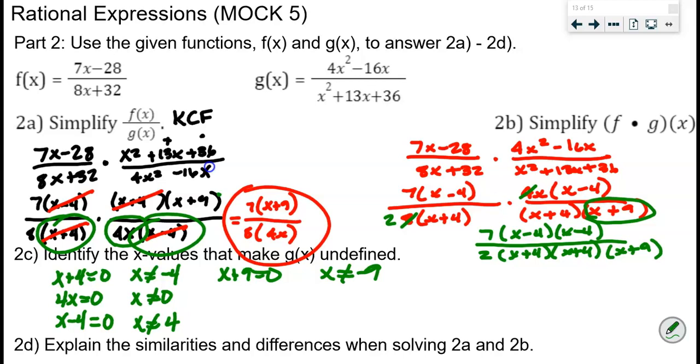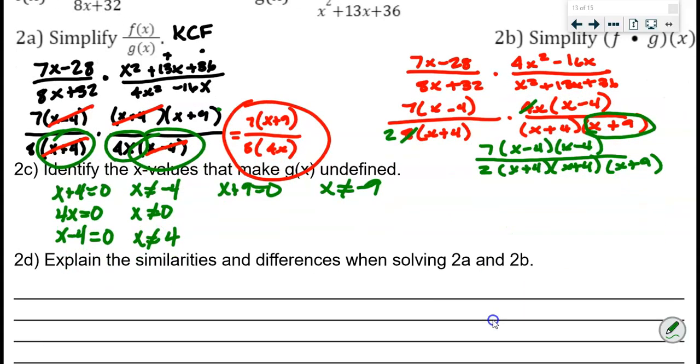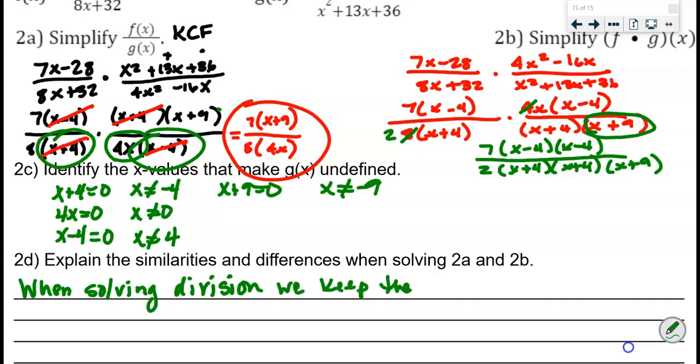So the last one says explain the similarity or difference between solving A and B. So I would say when solving division, we keep the first term, change the sign to multiplication.